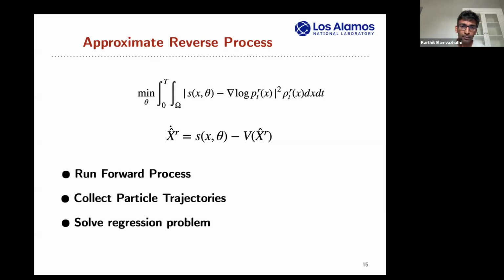So your problem of achieving the data distribution becomes extremely simple. First, you run the noising process, you collect all the particle trajectories, and then you try to minimize the so-called score matching loss. And the nice thing about the score matching loss is it's just a regression problem. It's not a constrained optimization problem, which is what ends up happening in certain different methods like normalizing flows. You end up solving a constrained optimization problem.